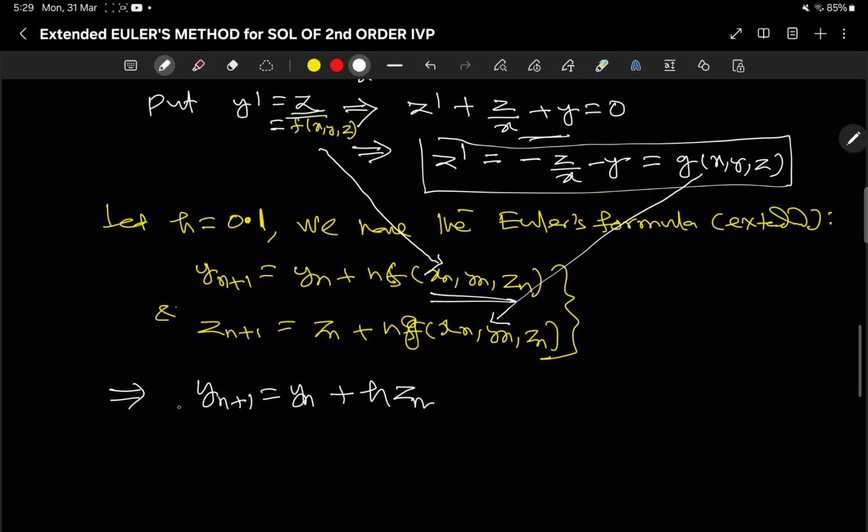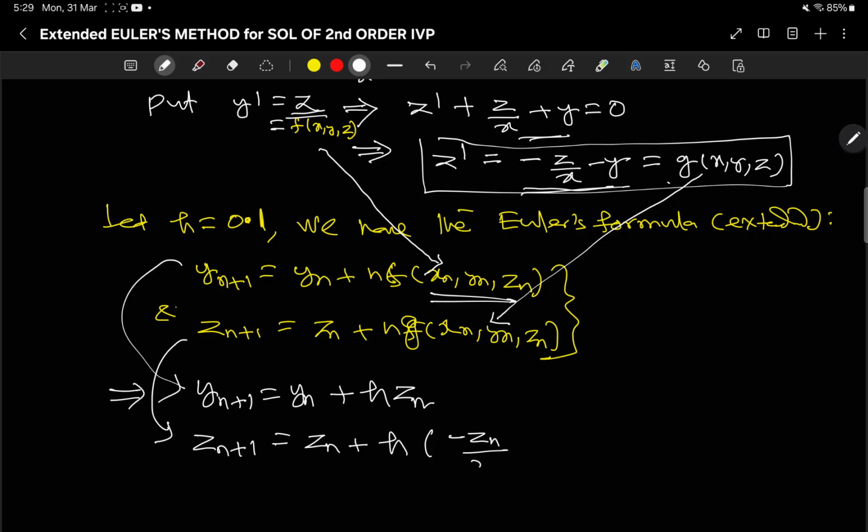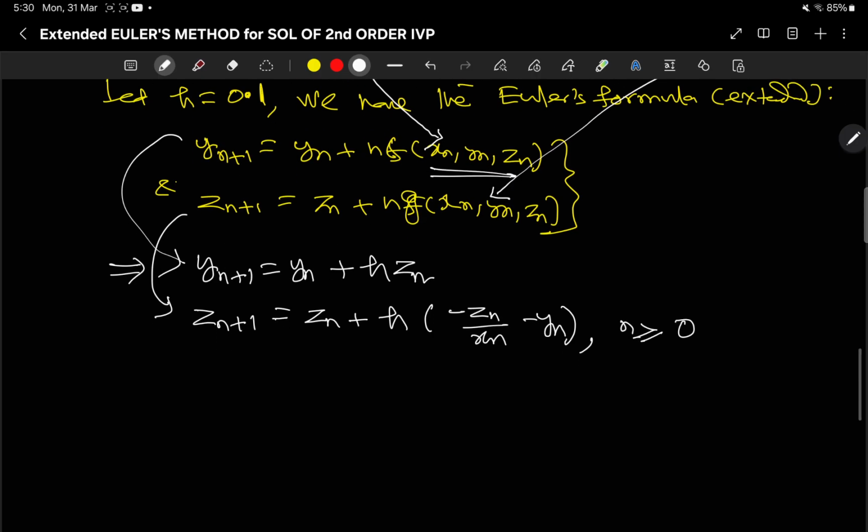And here zn plus 1 will be zn plus h times g(xn, yn, zn), which will be minus zn by xn minus yn, with n greater than or equal to 0, right? Now this formula reduces to this, okay?